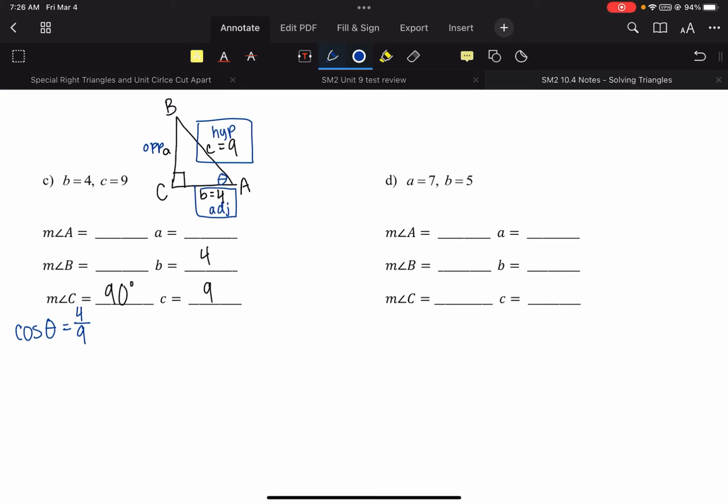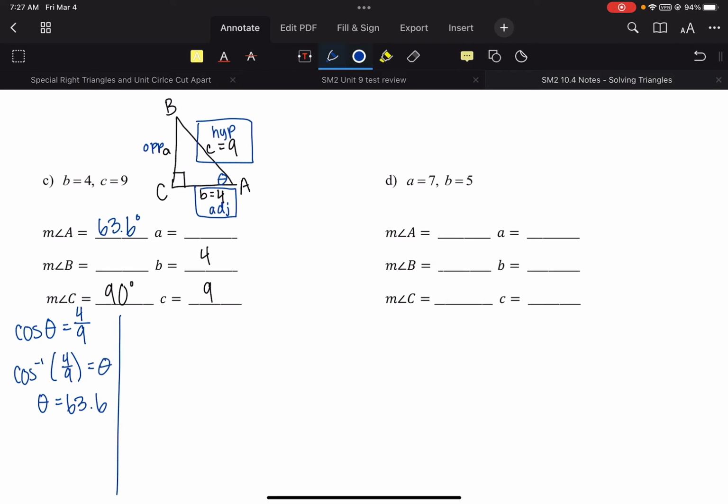I chose the cosine, remember, because I'm using the adjacent and the hypotenuse. And then the inverse cosine of 4/9, that's going to be my theta value. Grab out my calculator, and my theta is equal to 63.6. That is my A value.